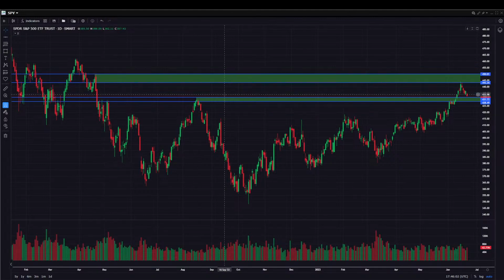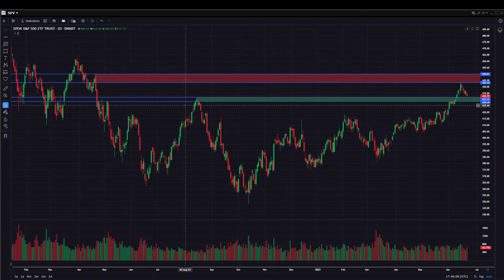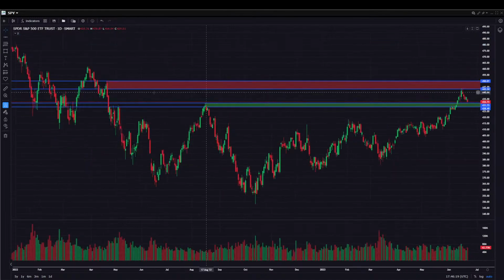So based on this chart, what was the question, Zach? Does this move look like a retracement, not a trend change down? Definitely a retracement. So as you can see here, what happened?